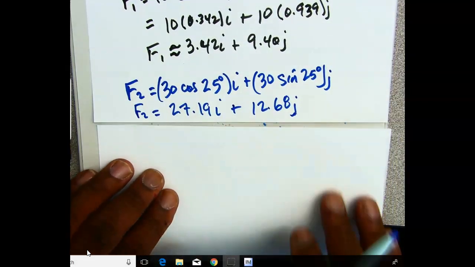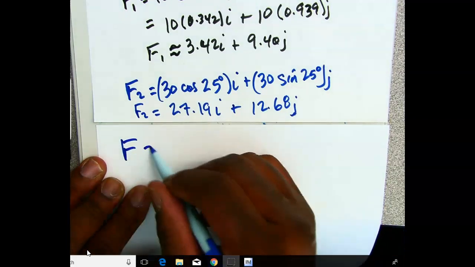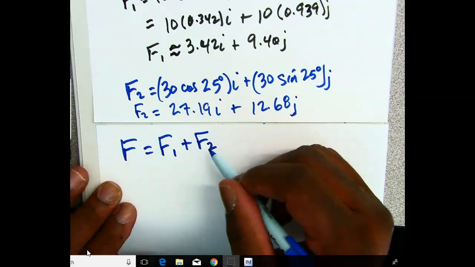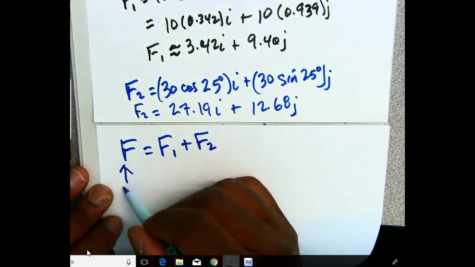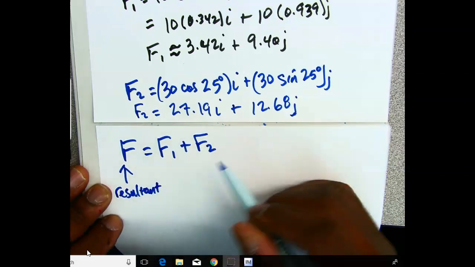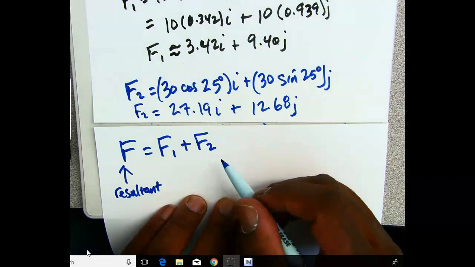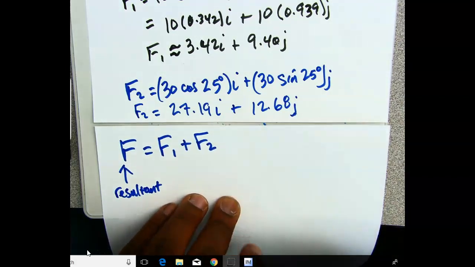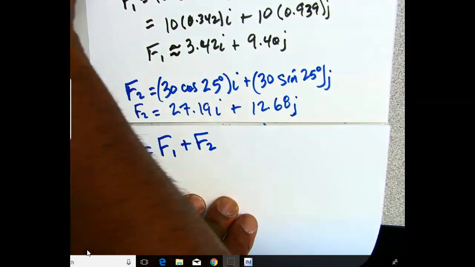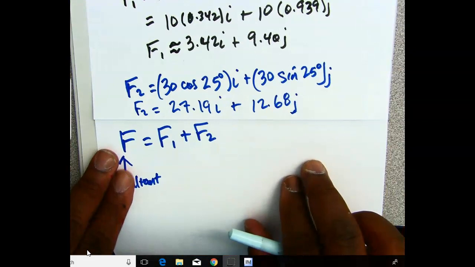Now here's our resultant force. It's going to be the force of 1 plus the force of 2. So this is our resultant force. Just straight up addition. I took physics a long time ago, but you guys are doing algebra-based physics, not calculus-based physics.